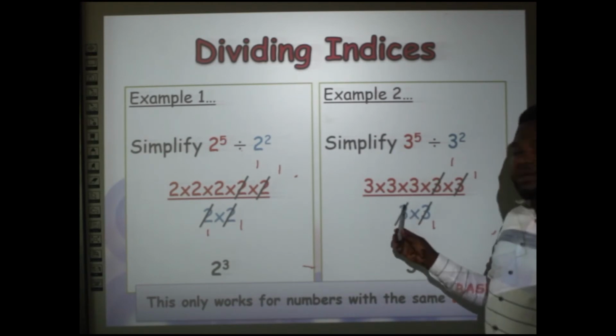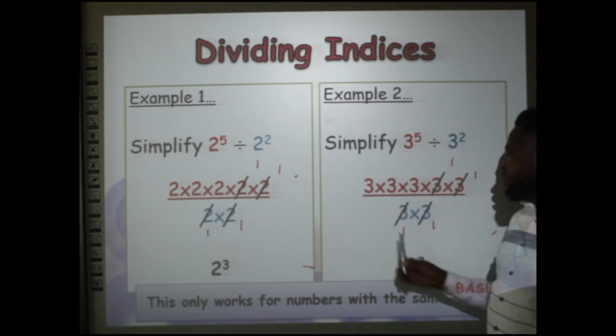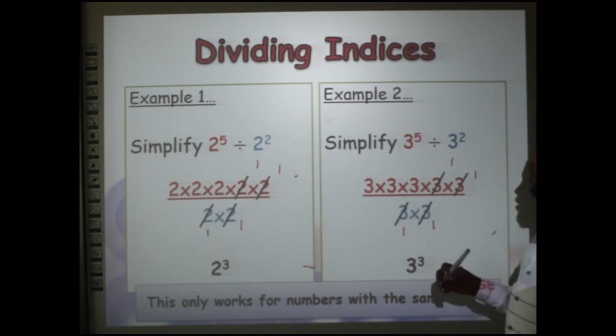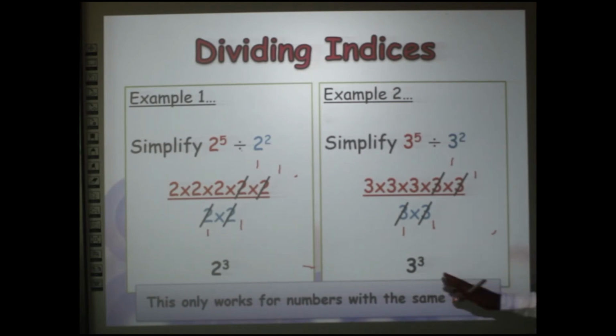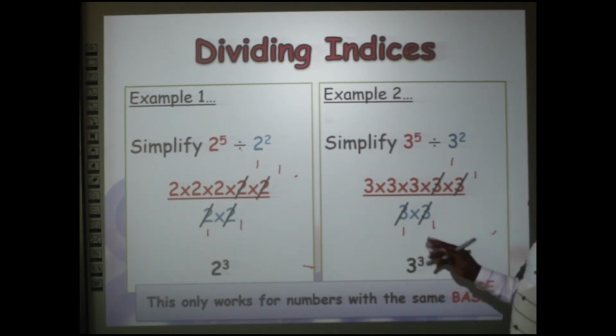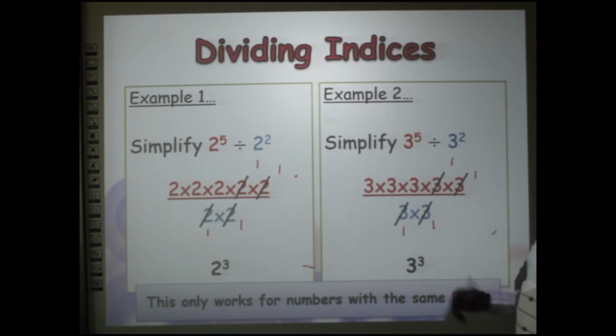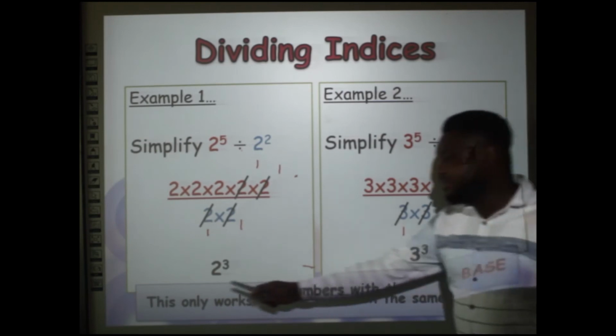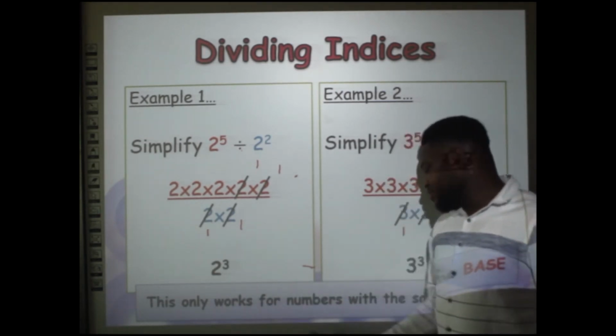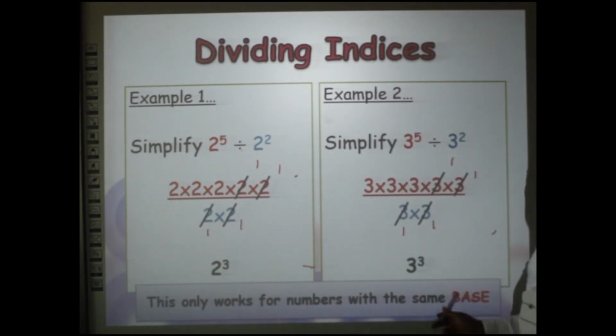Now, how many 3s do we have here? 1, 2, 3. The exponent is going to be what? 3. So the final answer here is going to be 3 raised to the power of what? 3. That is the final answer here. Okay? Now, remember again, this only works for numbers with the same base. Okay? Now, let's go to the next page.